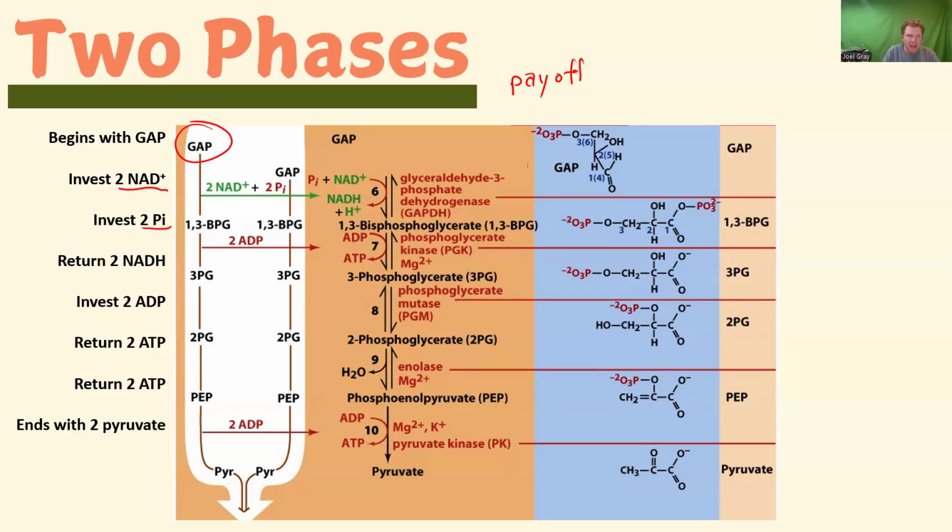We're going to get back a pair of NADH, and a grand total of 2 ATP and then 2 ATP. Is that a typo? Oh, no, it's not a typo. Instead, we are getting a grand total of 4 ATP back. So in the second phase of glycolysis, you get 4 ATP back. You started by investing 2, you get 4 back, which brings you to your net ATP return of 2.